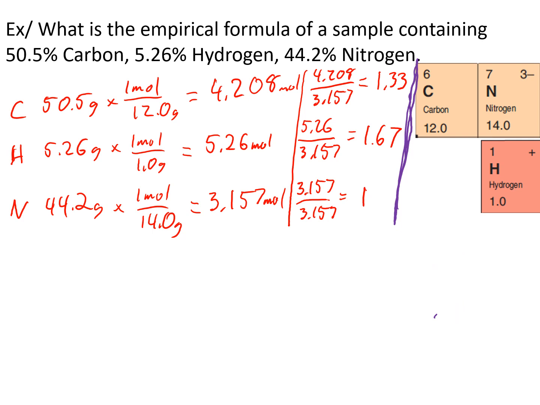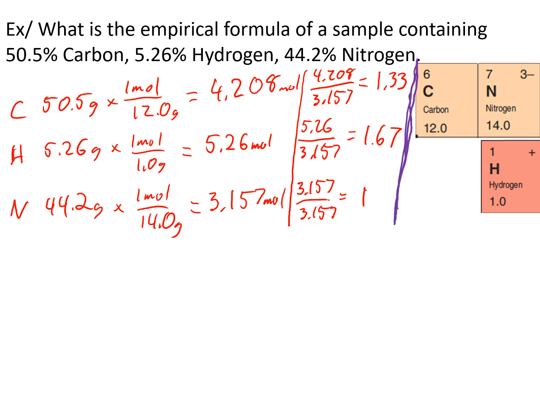If you see something ending with, say it was 3.25, okay, 25 is the same as a quarter, you're going to have to be multiplying everything by 4 in order to get to a whole number.